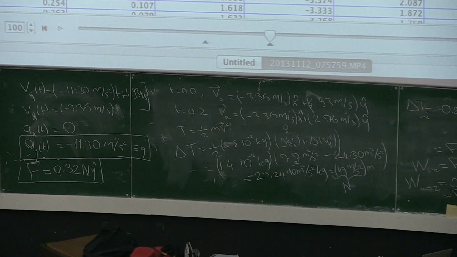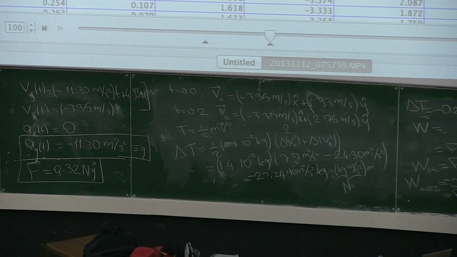Well, let's look at the work done. We had calculated the work done during the same time. And we had found that the work done, no, I made a mistake there. Fy is negative and delta y is positive. So this number here is negative, and this number here is also negative.